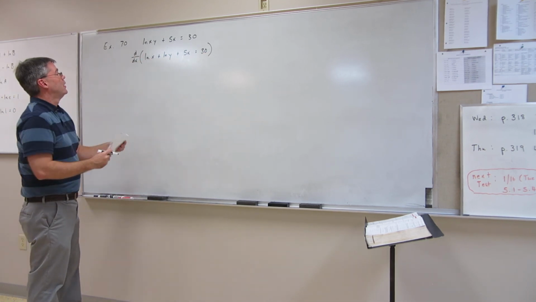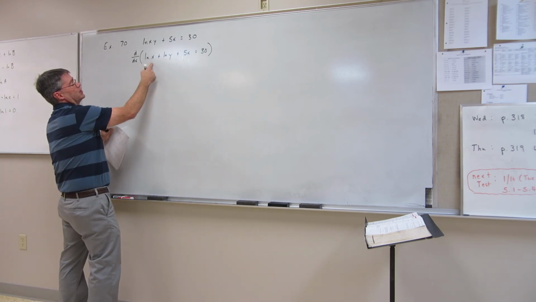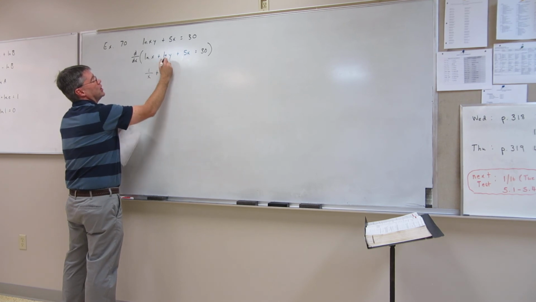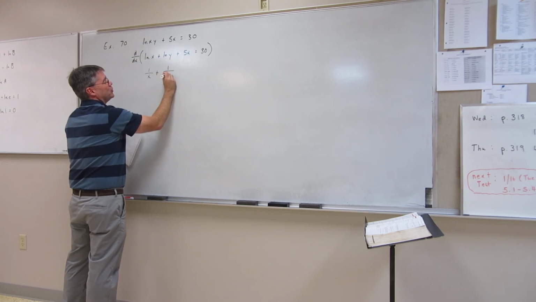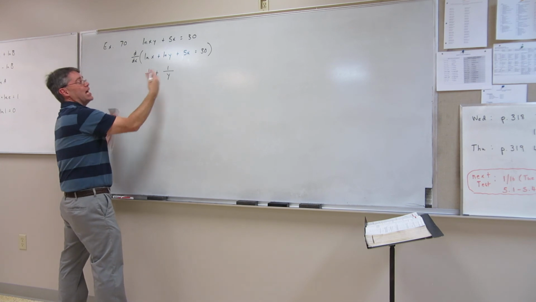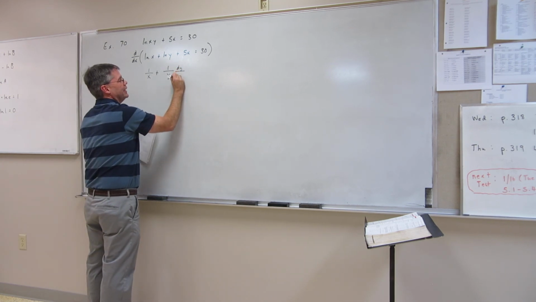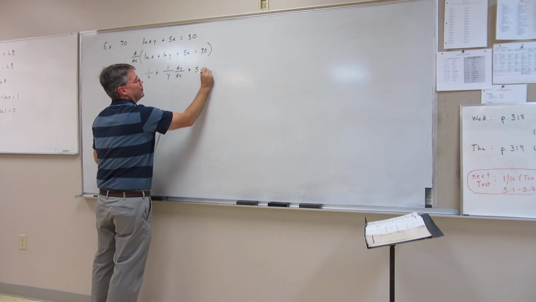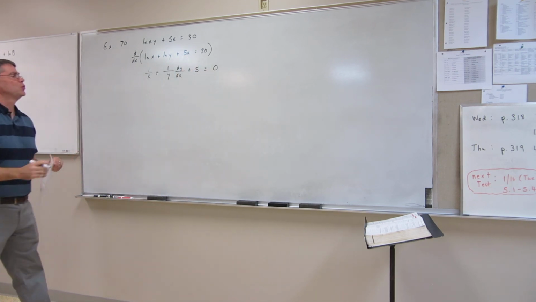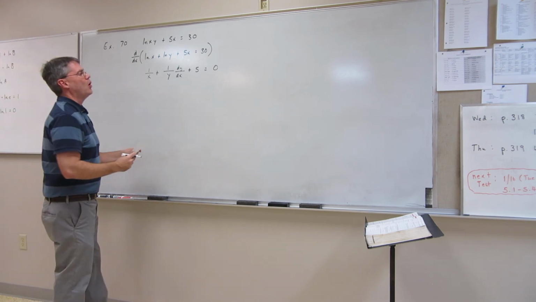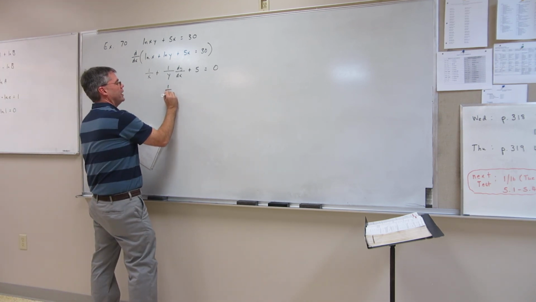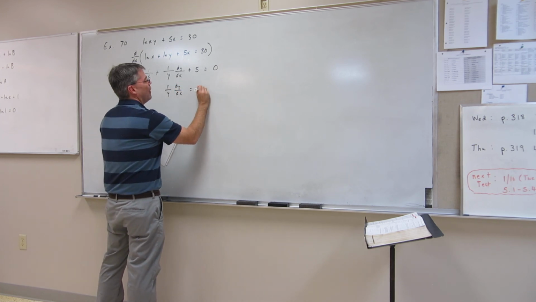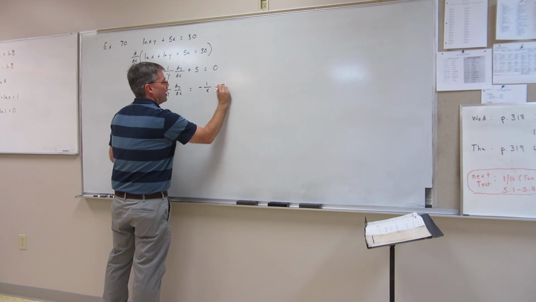So take the derivative with respect to x of natural log of x, and you'll have 1 over x plus the derivative of the natural log of y with respect to x, which is 1 over y times the derivative of the block, which is dy dx. And then derivative of 5x would be plus 5, derivative of 30 is 0. So we want to get all the dy dx's on one side, so we'd have 1 over y dy dx is equal to minus 1 over x minus 5.